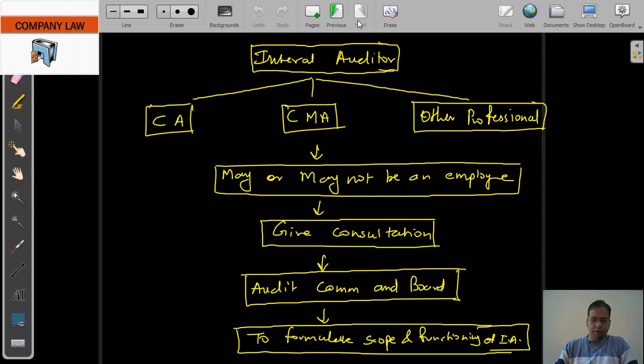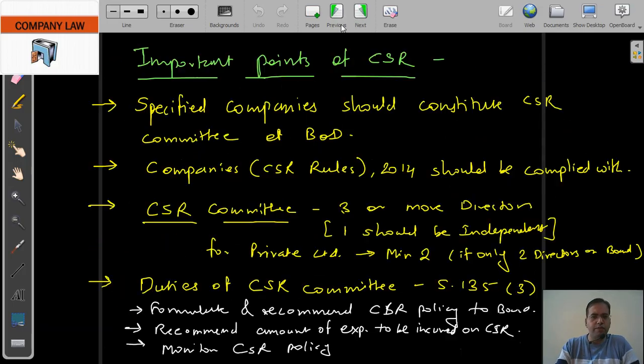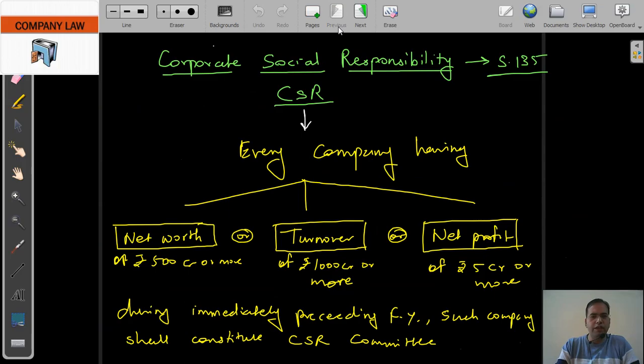Okay, I hope you have understood all these provisions very well. So we have studied two important topics of the audits and accounts of the company in that particular chapter. We started with corporate social responsibility.